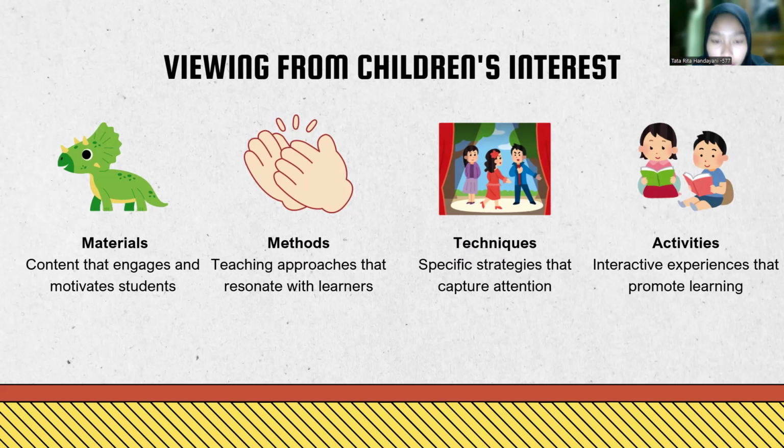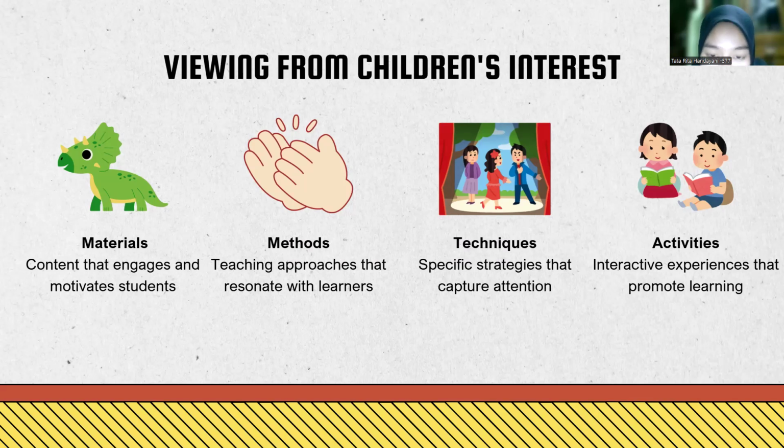Third, techniques. Specific strategies like storytelling, role-playing, or artistic creation can capture attention when matched to student interests. The same lesson can be delivered through multiple techniques. Fourth, activities. Interactive experiences become more meaningful when they connect to what children already find fascinating.